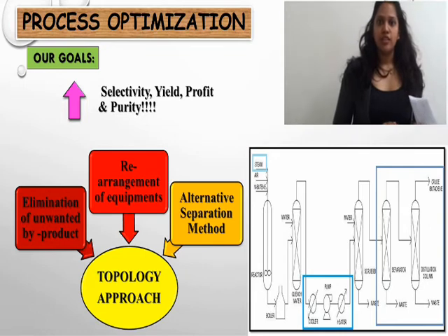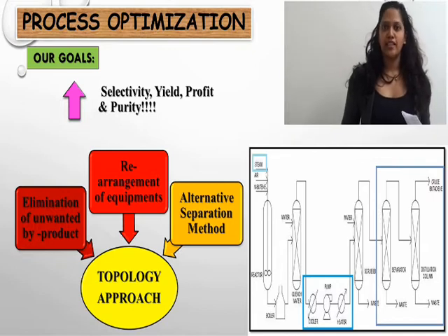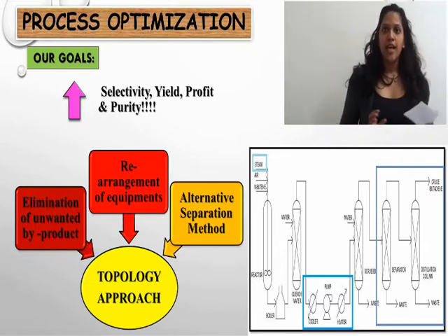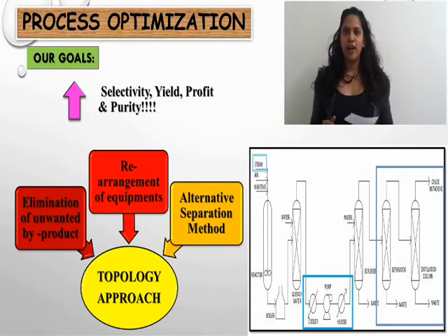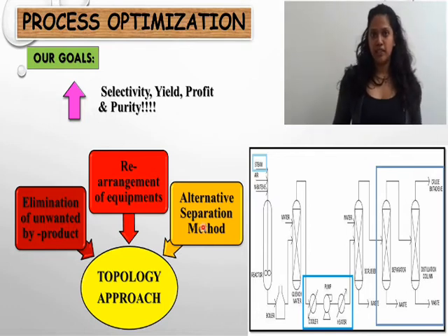Parametric approach focuses on the design variables such as temperature, pressure, reflux ratio, and so on. However, the topology approach focuses on the overall process flow diagram as well as the arrangement of the equipments.